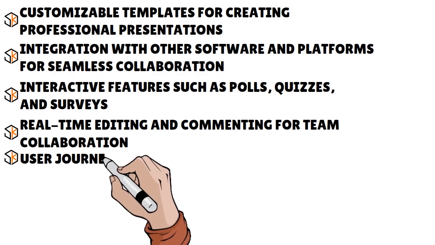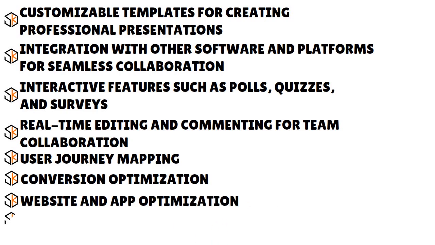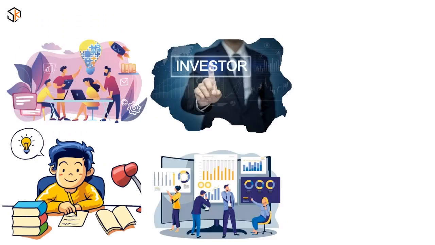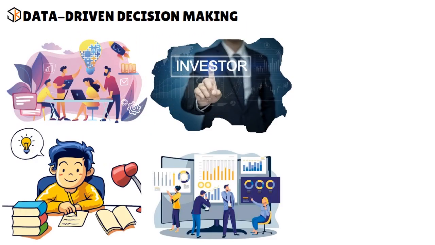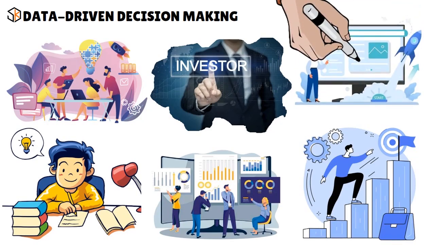Okay, you have user journey mapping, conversion optimization, website and app optimization. You have user experience design improvements, and you have data-driven decision making. So that's really good. This gives you a whole array of modules of capabilities that in the end are bringing your business plan to another level.